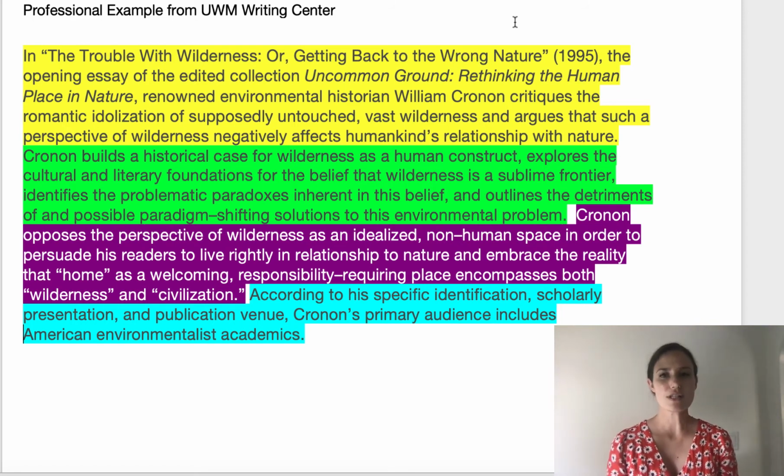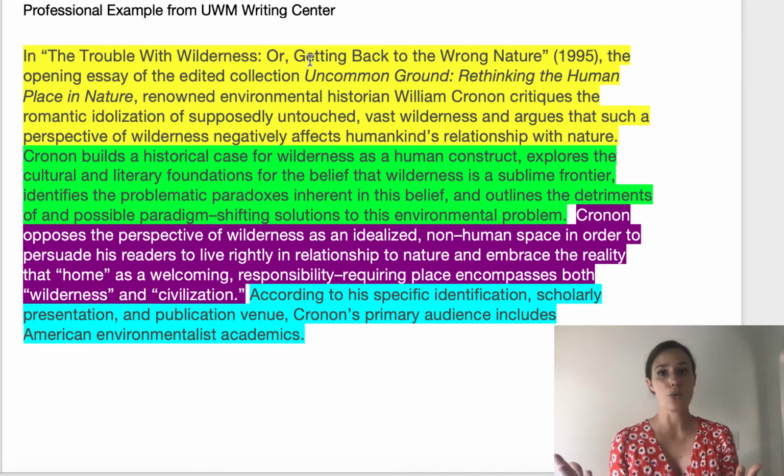Okay, so first off, the writer has included the title of the article in question in quotation marks. If it's an article or a short story, it goes in quotes. Then the date of publication, and then where it was published. In this case, it's an edited collection or some sort of anthology, so that edited collection goes in italics. The name of the writer, the first name and the last name, the first time you reference the writer, is included, and also a little bit of context, a little bit of information about who that writer is, right?